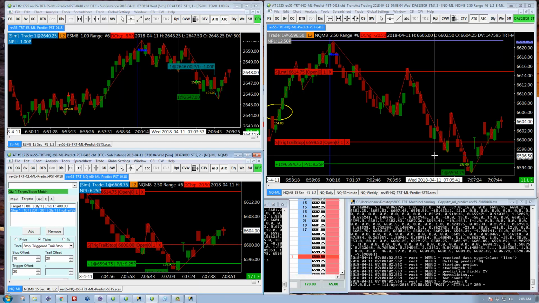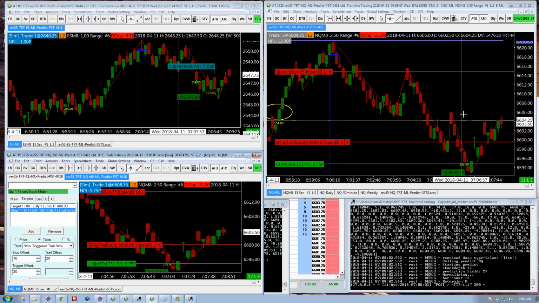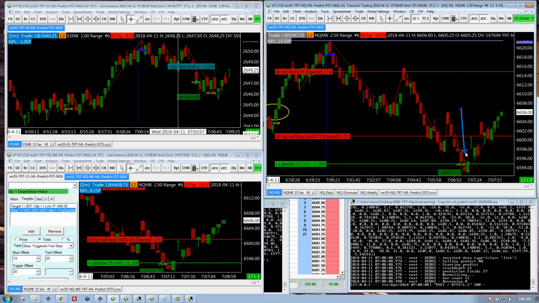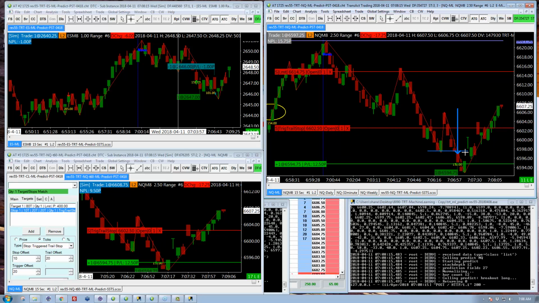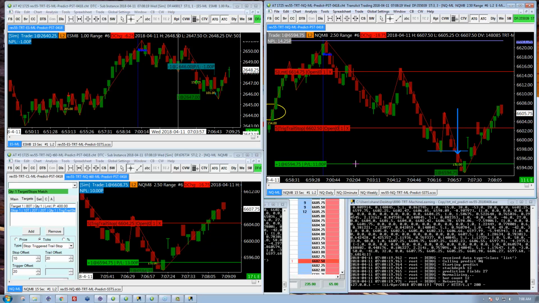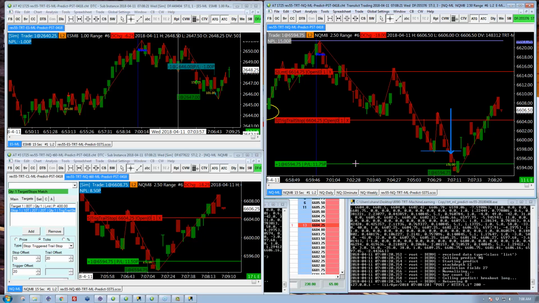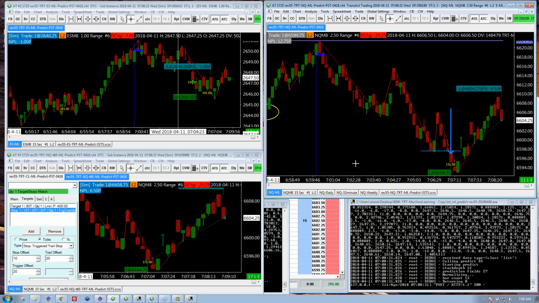It's a failed breakout short, so this bar here is breaking this level right there. The prediction is failure, and so we get long. And now we're up 10 points and trailing. All right, so nice. Not quite a 10-point gain.